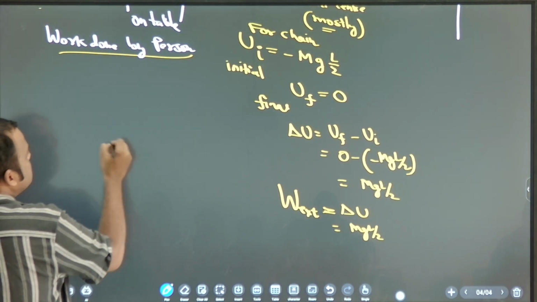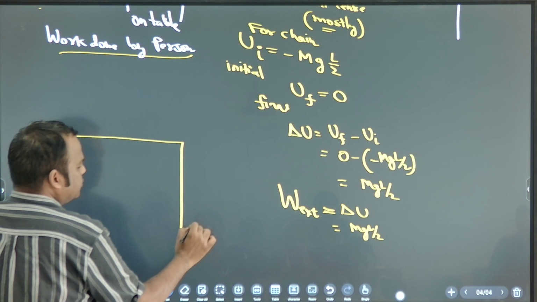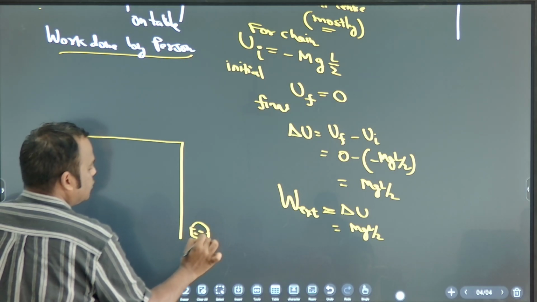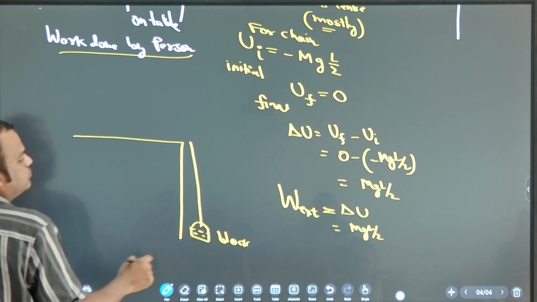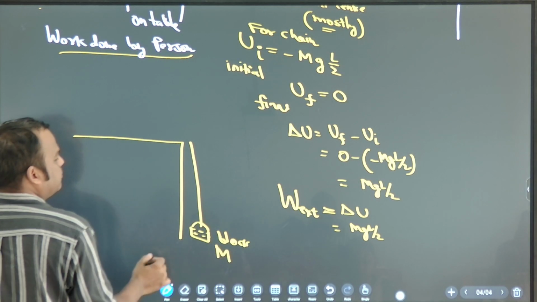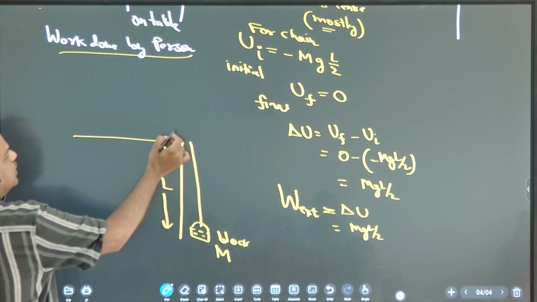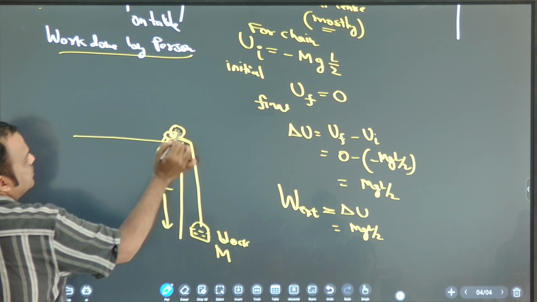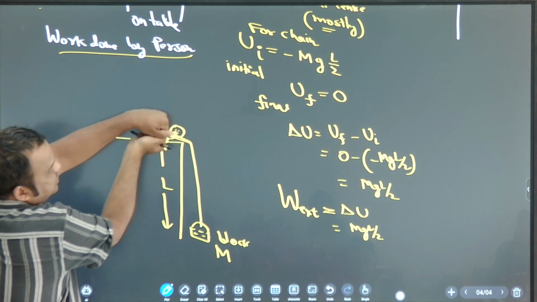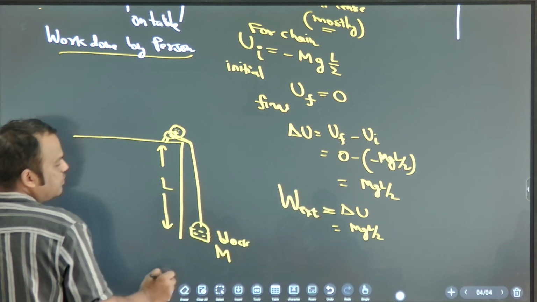Now suppose the chain is not there; a bucket or a block is there, with a string. The mass of the block is M, the length of the string is L, and the same person is holding the string and pulling it. Now what is the work done by the person?